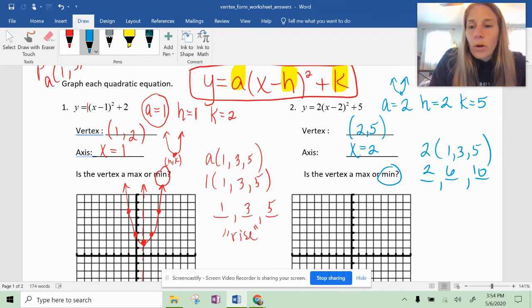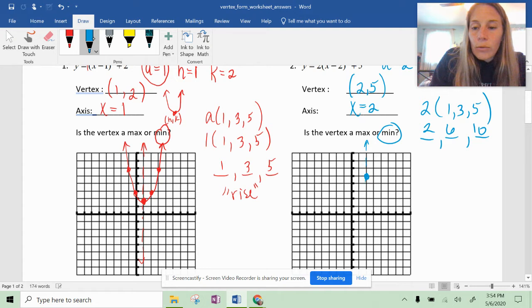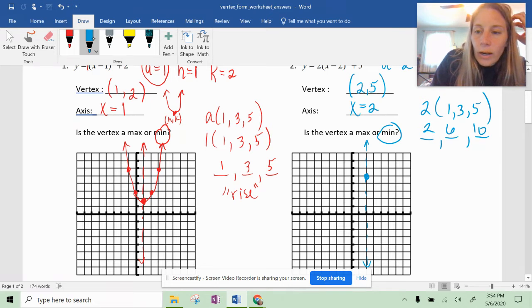So now to put this all on the graph, we start with the vertex. So over 2, up 1, 2, 3, 4, 5. That's my vertex point. Then you can draw your axis of symmetry right through that point. And now I'm going to use this graphing pattern to make a couple more points on my quadratic graph. So since I have a 2, I'm going to go up 2, and you always go over 1.